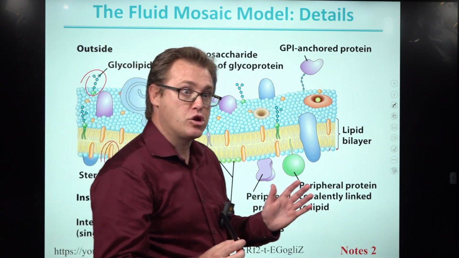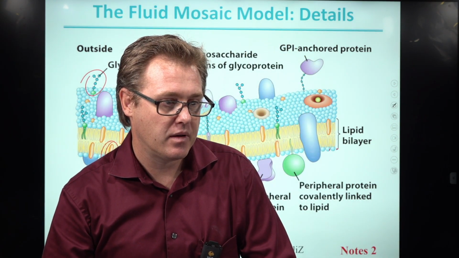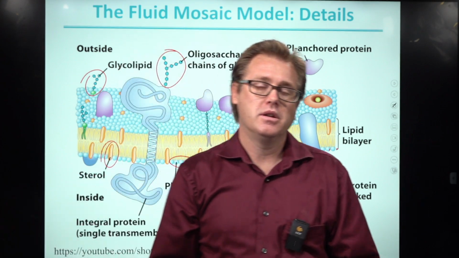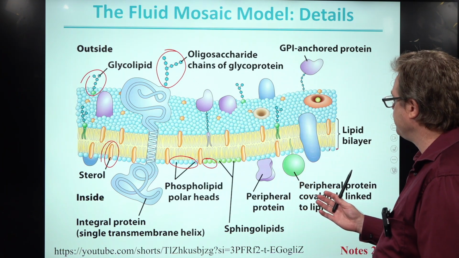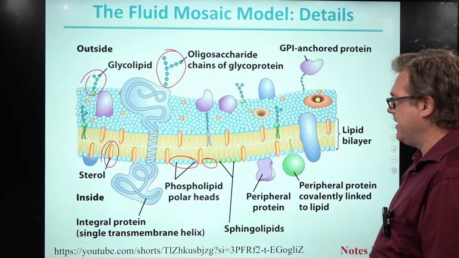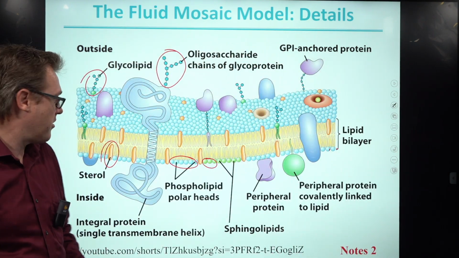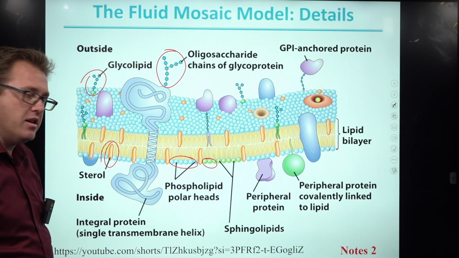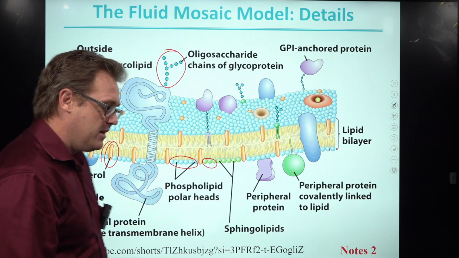There's so much that's within a membrane. Okay? And then this picture doesn't have everything that's in a membrane. We have ion channels that we're going to talk about, all sorts of cool stuff, okay?